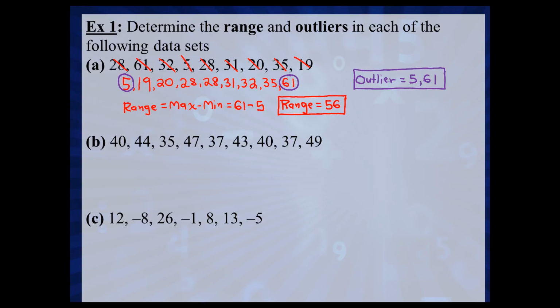B. Once again, we want to take this list and write it in ascending order. So I believe the smallest number here is 35. And then 37 occurs 2 times. 35, 37, 37. And then 40 occurs twice. 1, 2.